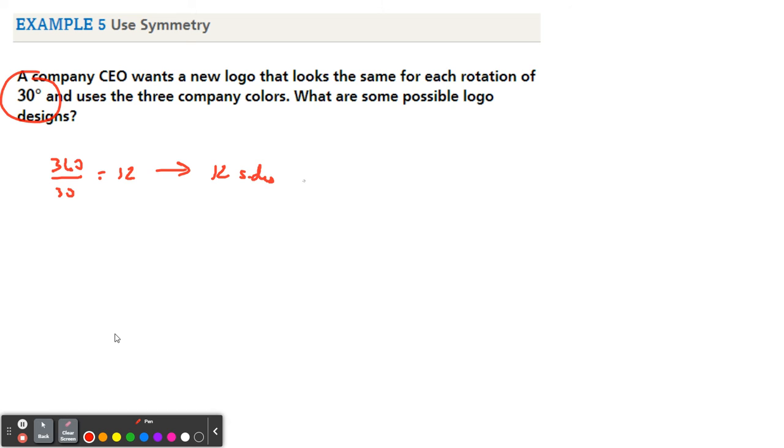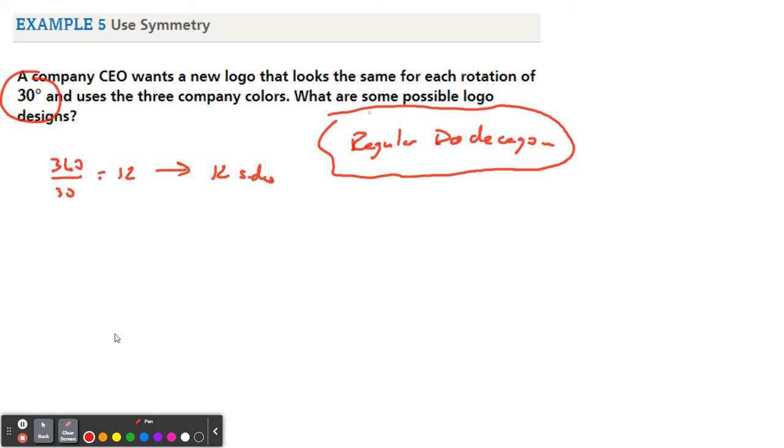This is what we call a regular dodecagon. Regular, that's my design, a regular dodecagon. Decagon means 10. When you put the do in front of it, that means 12. Regular dodecagon. So I'm going to draw this as best I can.